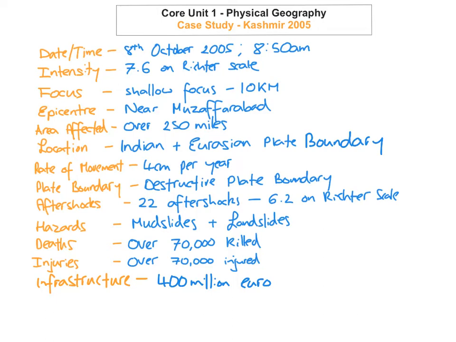But for the complete rebuilding of everything that was destroyed, it was suggested that 4 billion was needed to repair all the houses, the transport links, the roads, rail, bridges, to restore all the electricity, to restore water pipes and sewage pipes, and to rebuild schools and hospitals. So all of that was completely destroyed, with 400 million required for the immediate aid, but it needed 4 billion to rebuild everything in total.